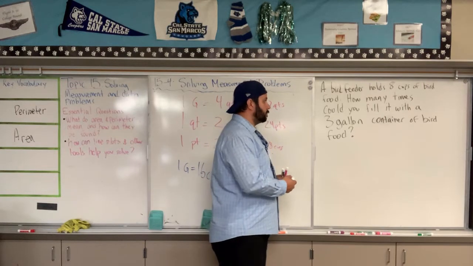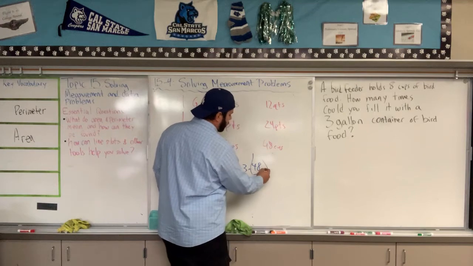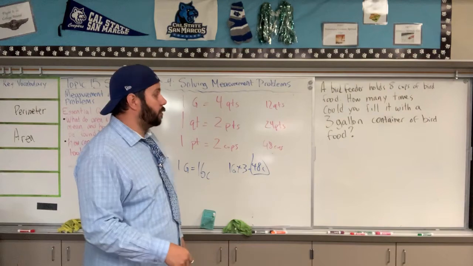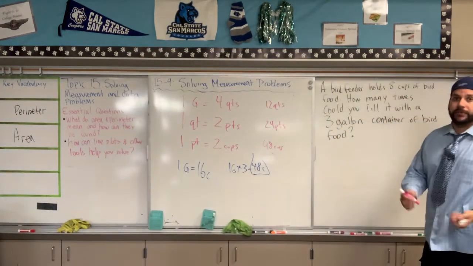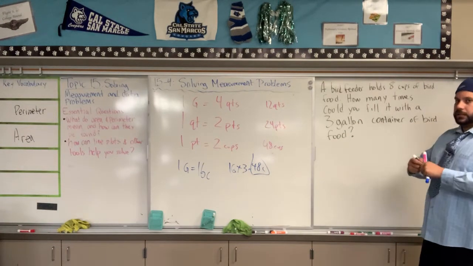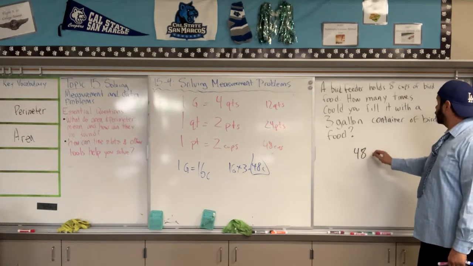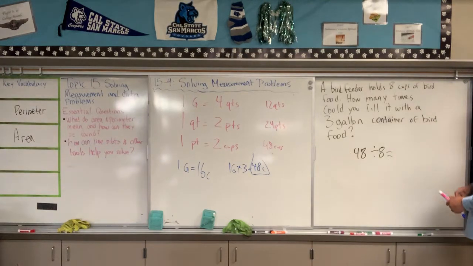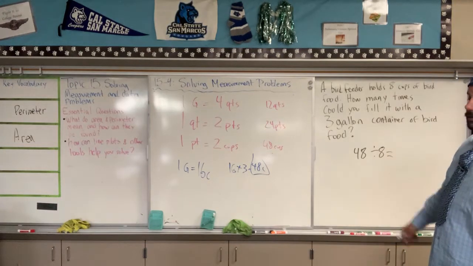But with that being said, now 3 gallons is 48 cups. I have purchased essentially 48 cups of bird food. So how many times can I fill up an 8-cup bird feeder? Now it becomes just a simple division problem. So I go 48 divided by 8 equals, and if you know your math facts, you know this.